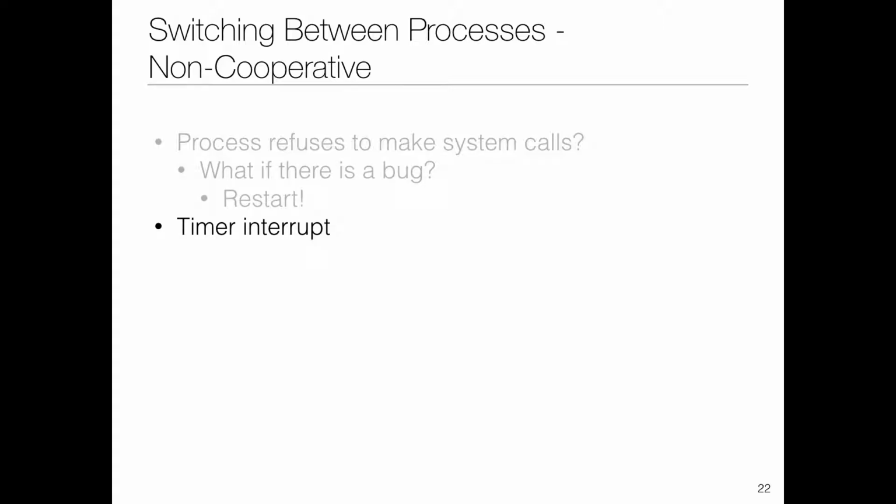But then we have a notion of a timer interrupt. Timer interrupt means that every few milliseconds or every few time units, an interrupt is raised, and the OS gets back into control. So would anyone from that side want to take a shot at why timer interrupts are going to help you switch between processes?